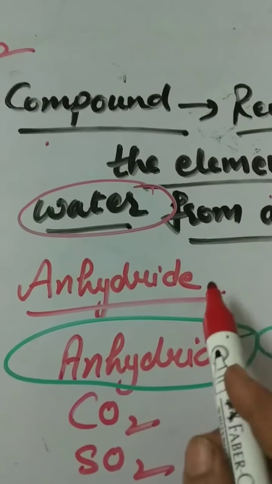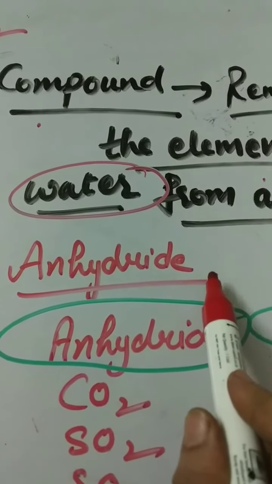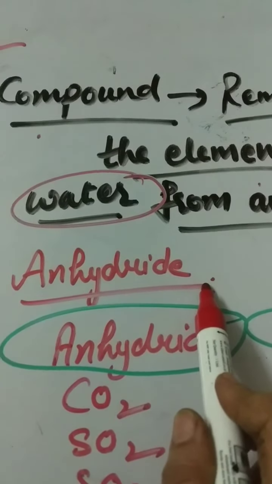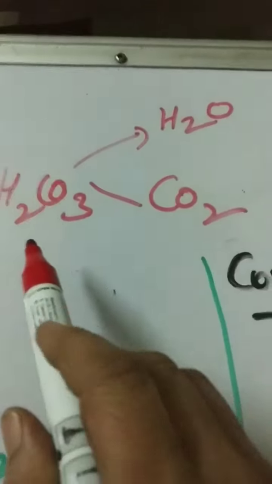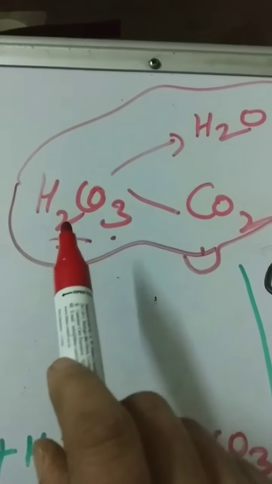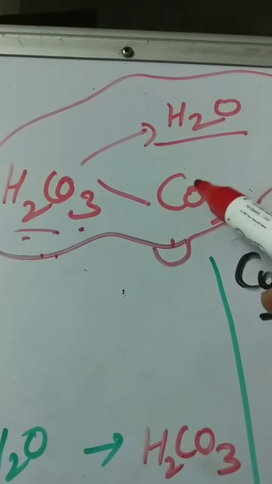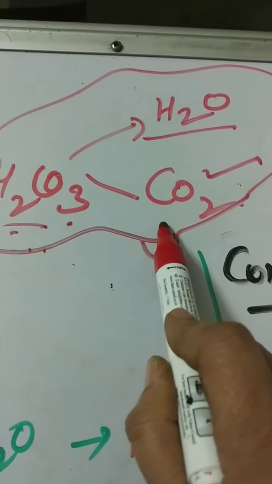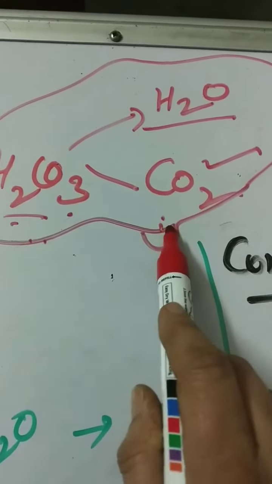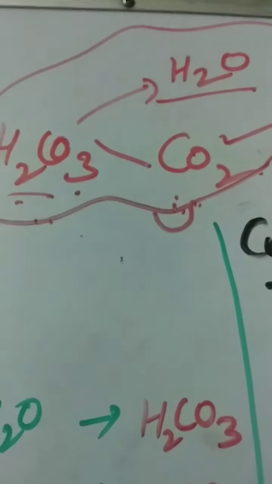And when we get that compound from an acid, we call it the anhydride of the acid. You can see this rough diagram. Carbonic acid, H2CO3. When from carbonic acid we remove water, which compound will be left? Carbon dioxide. And carbon dioxide is a non-metal oxide. It is the anhydride of the acid.